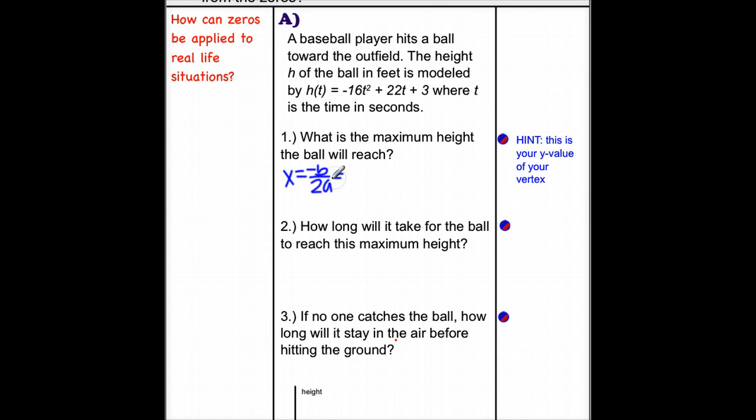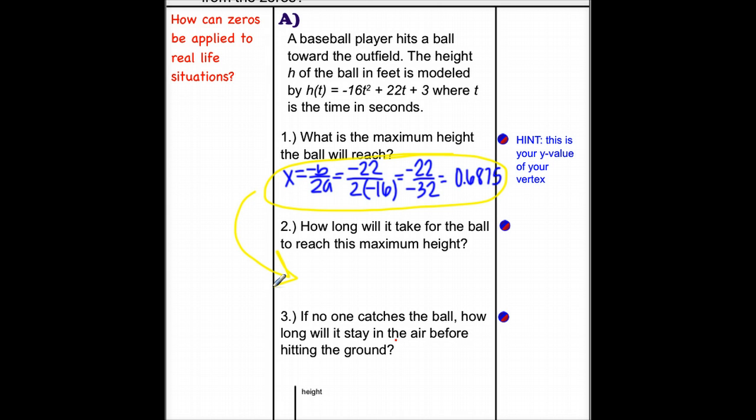For this particular problem, it would be negative 22, because our 22 is positive to start, divided by 2 times negative 16. That's negative 22 over negative 32, which if we divide those out to get a decimal value is 0.6875.